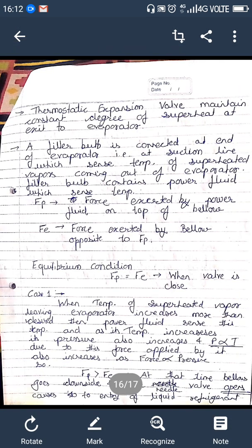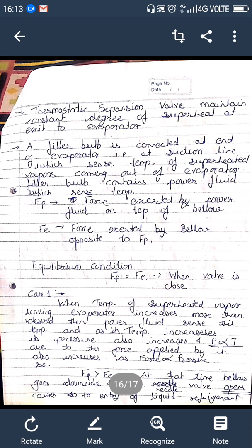When the temperature of the superheated vapor leaving the evaporator increases more than desired, the power fluid senses the temperature and its temperature increases. As its temperature increases, its pressure also increases, because pressure is directly proportional to temperature.